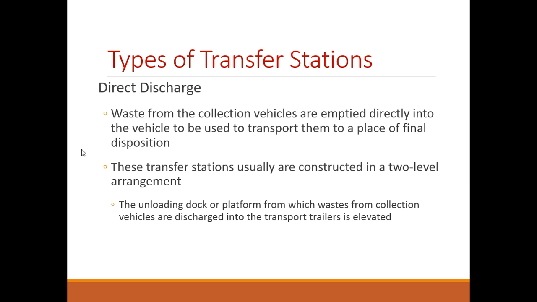So let's look briefly at 3 types of transfer stations. The first one we are looking at is called a direct discharge transfer station. So in this transfer station type, the waste from the collection vehicles is emptied directly into the vehicle, a transport vehicle, and this is used to transport them to the final place for disposition, right?